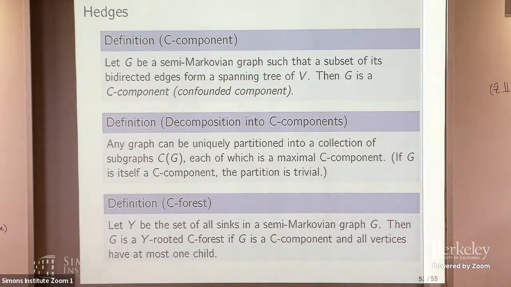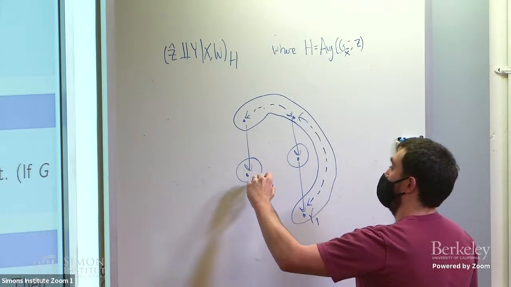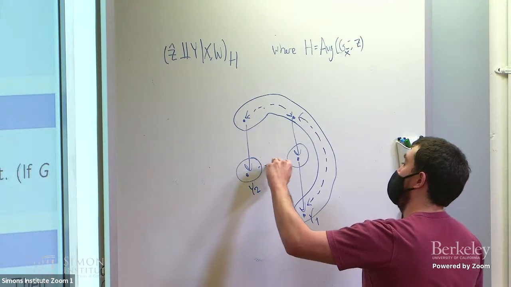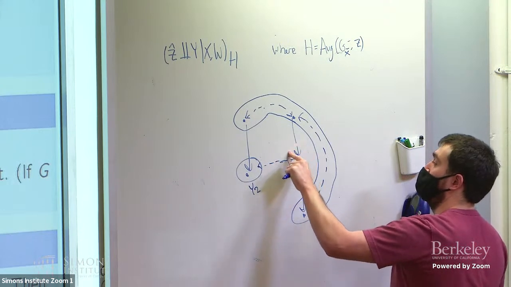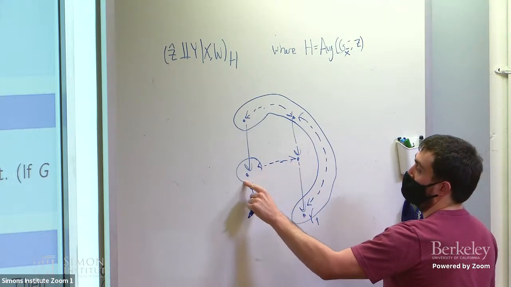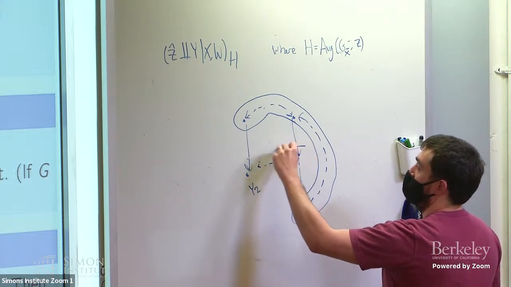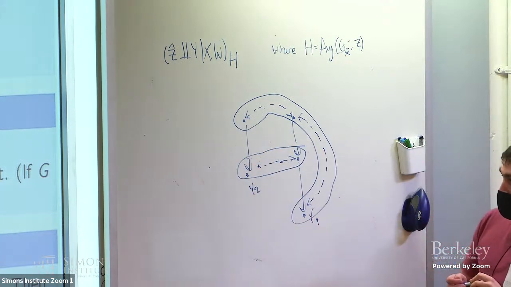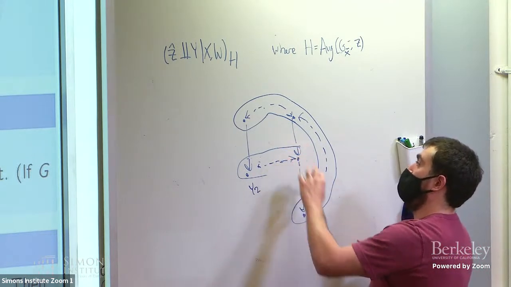So if this was Y1, and this is Y2, and I had a bidirected edge here, now I have two C-components only. Sorry, so let me add one more bidirected edge.